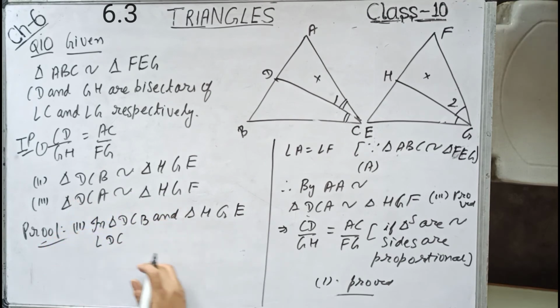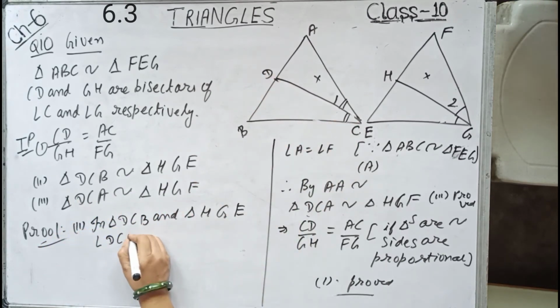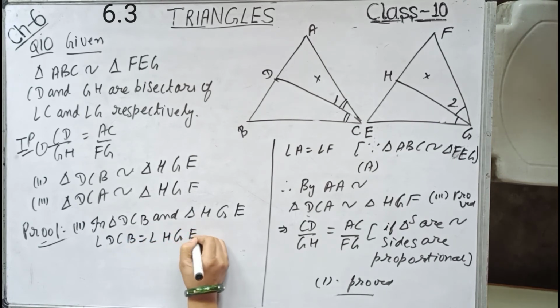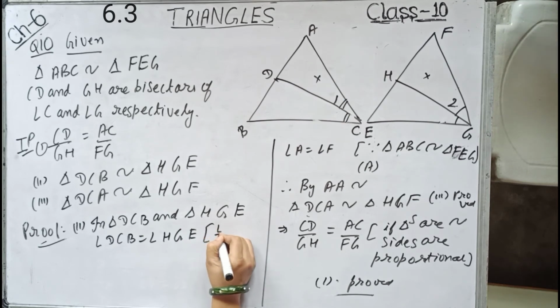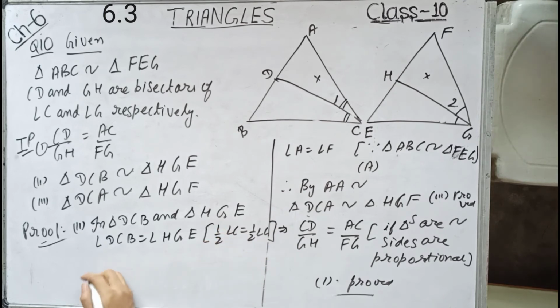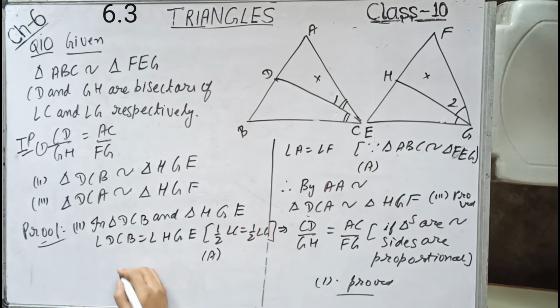This third part we have proved, DCB. So we will write angle DCB equals angle HGE. Half angle C equals half angle G. Directly I have written over here, and this one is A. Now after this, B and E are equal.